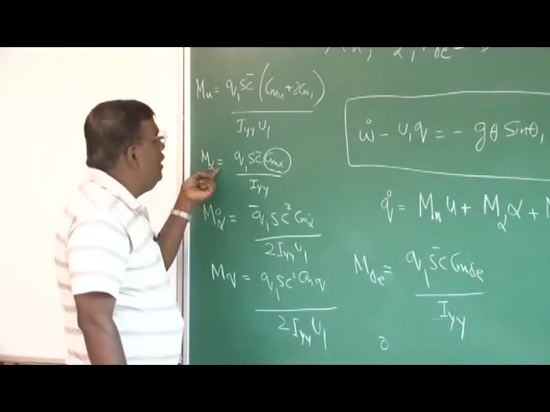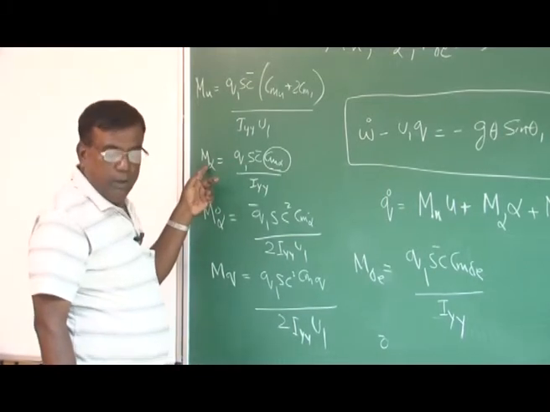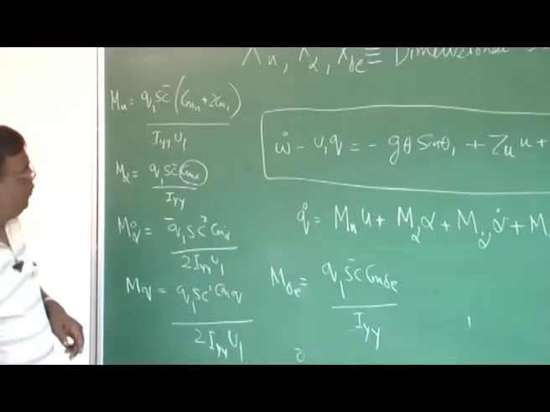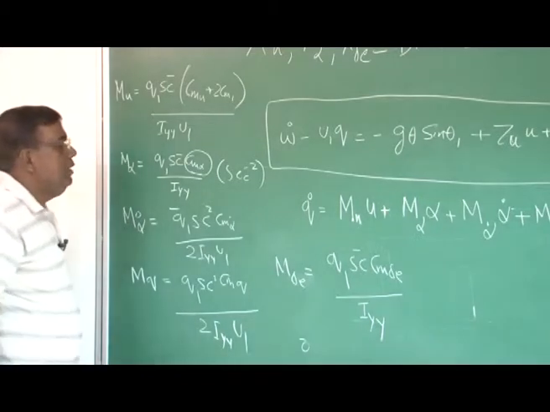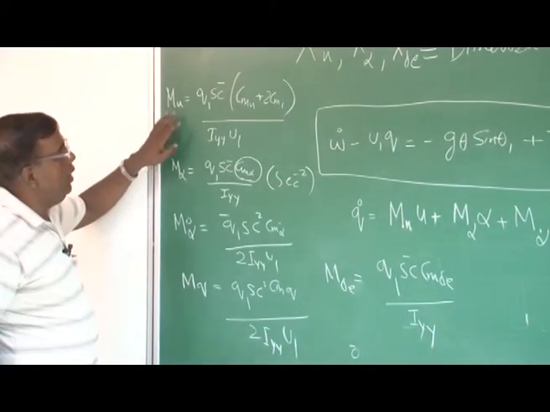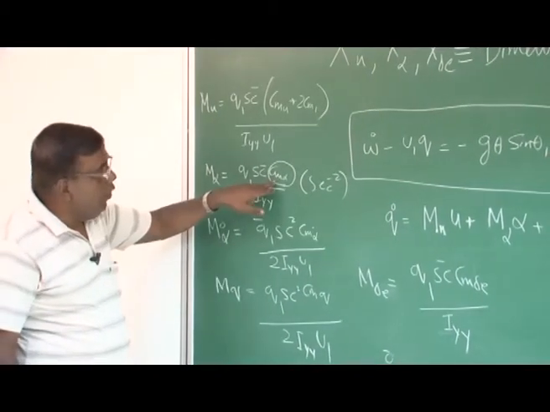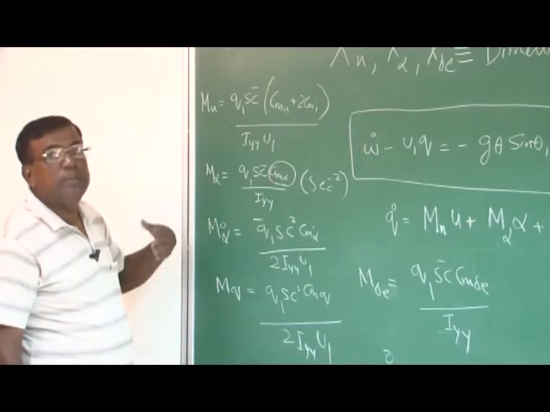However, what happens to M_alpha? You could see it is no more dimensionless, it has a dimension. To be more precise, you can check the dimension yourself. M_alpha dot, M_q, M_u are all dimensional stability derivatives. The others were non-dimensional stability derivatives because they attribute to stability.